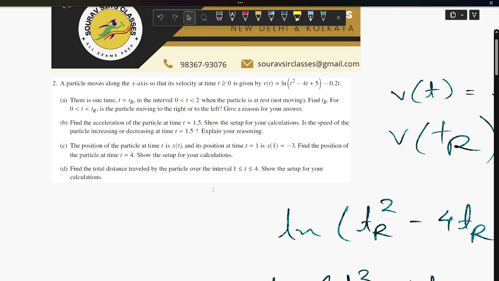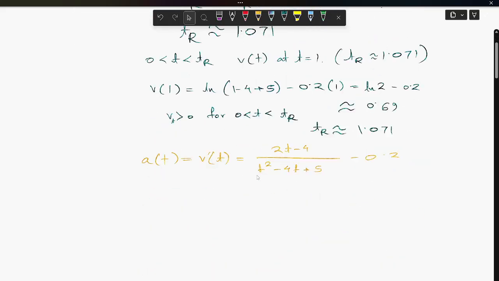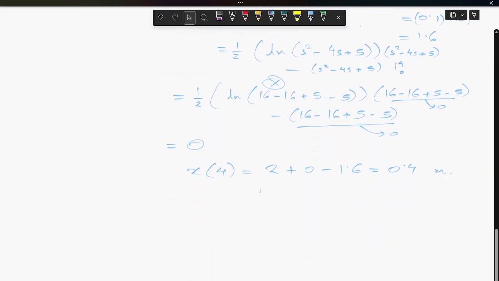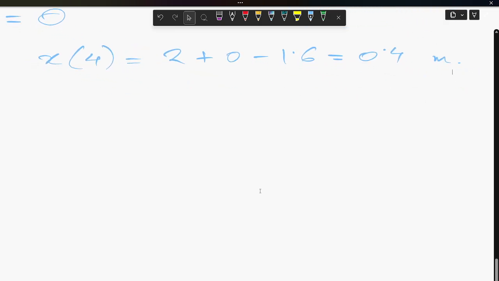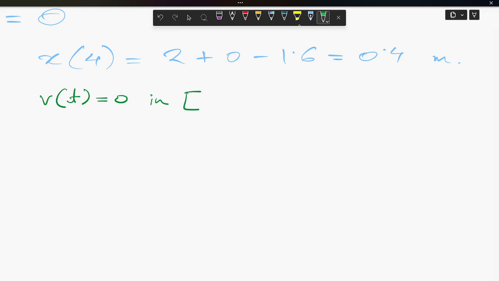So the setup for your calculations: find when our v of t is equal to 0 in the closed interval 1 to 4.